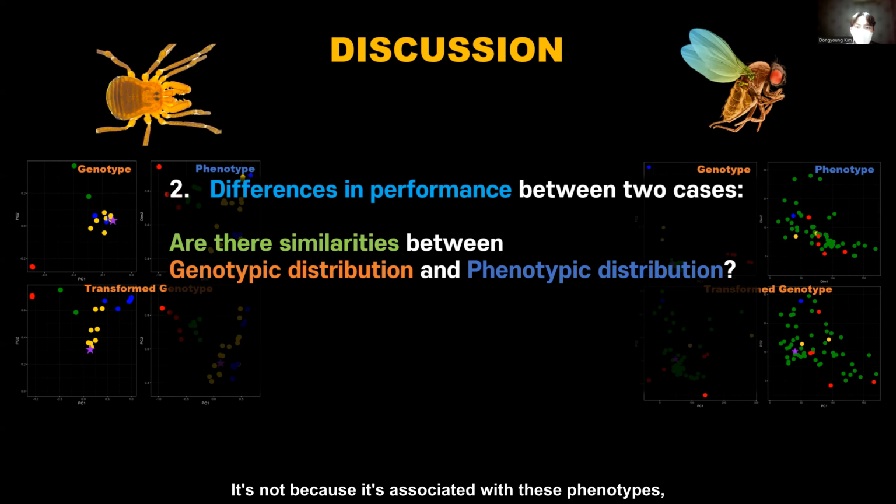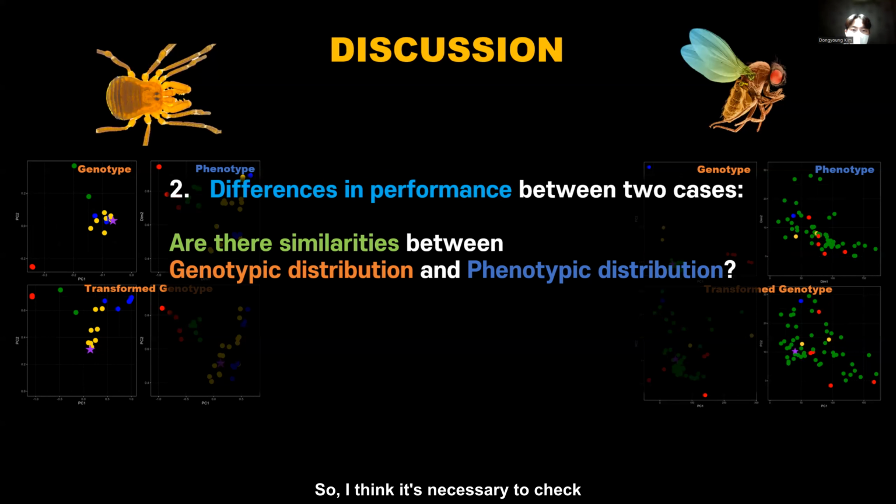It's not because it's associated with these phenotypes, but because it's a gene highly reflecting the high dimensional morphological distribution of samples. On the other hand, performance in Drosophila data was not good because the phenotype and genotype data were not related, even though the genotype data was whole genome sequencing data.